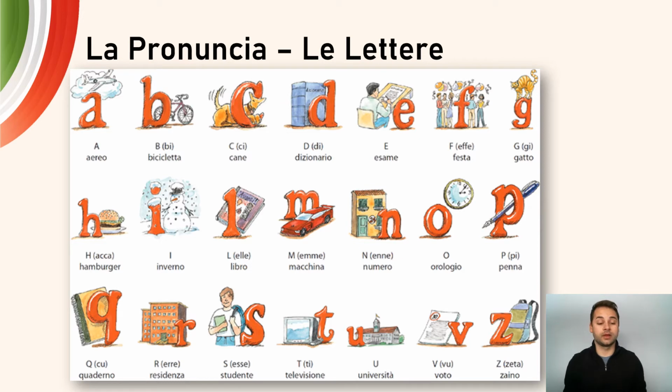Q, quaderno. R, residenza. S, studente. T, televisione. U, università. V, voto. Z, zaino. These are the letters that exist in the Italian alphabet.